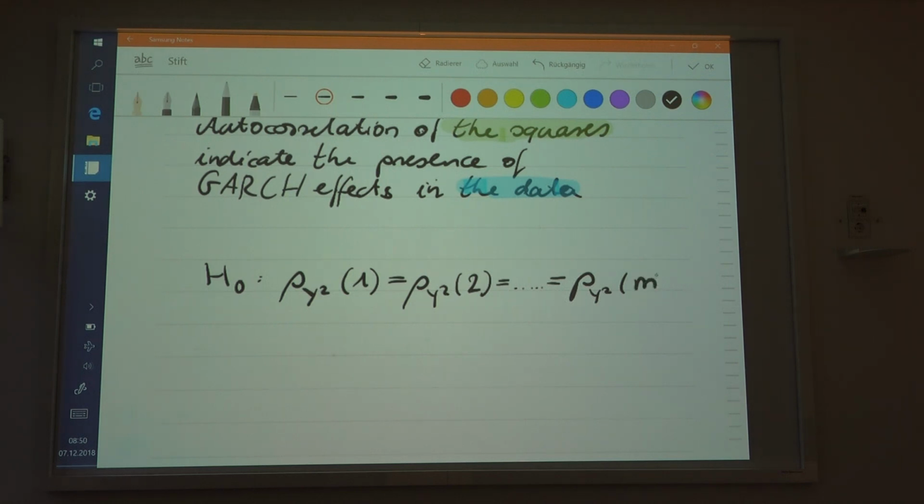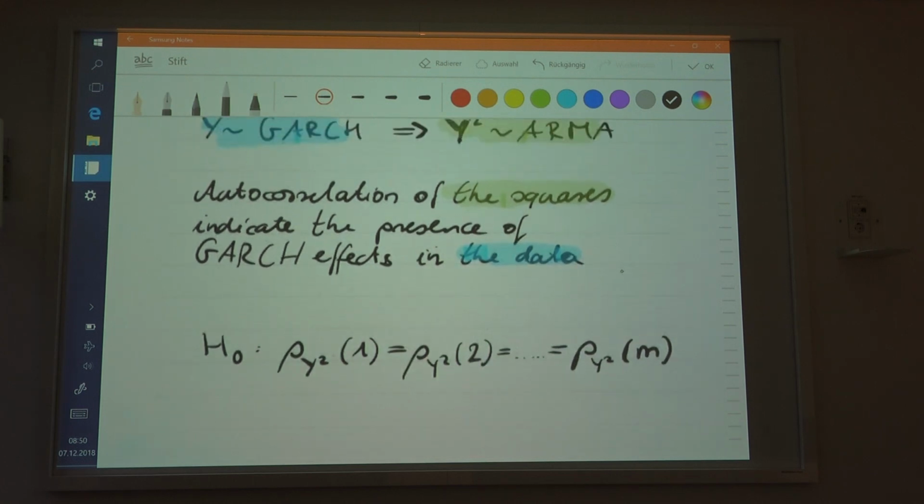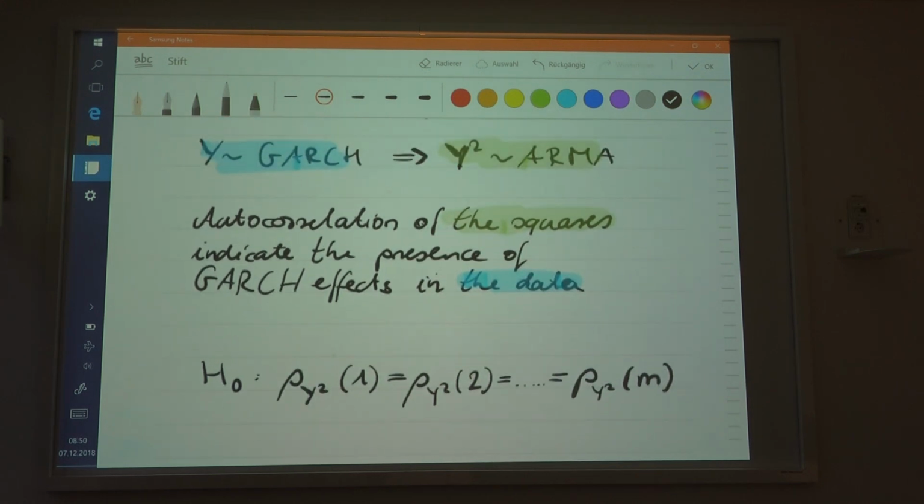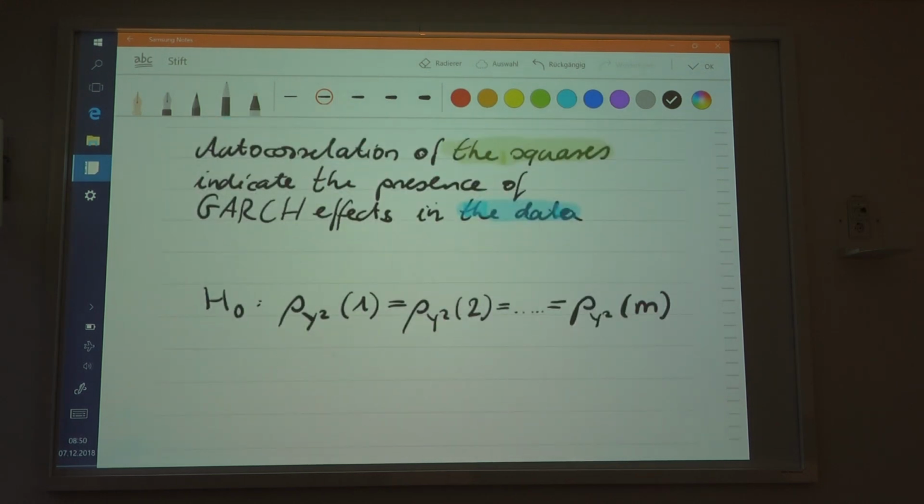Here m does not need to be equal to the order of the process; it could be something else. You can test it separately, independently from the model that you choose. Again, we have the autocorrelation of the squares.